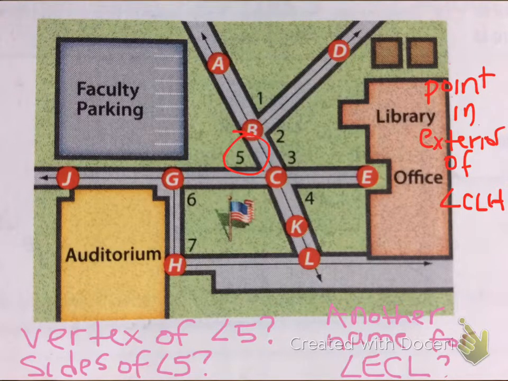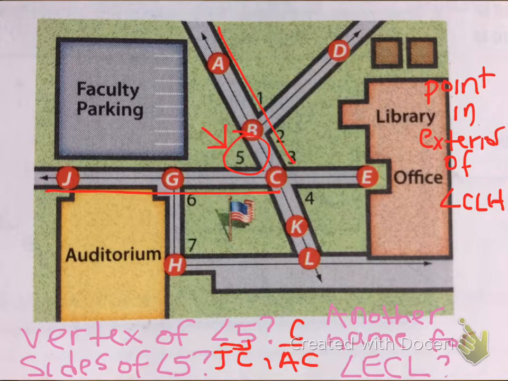So angle 5, the vertex of that would have to be C. So point C. The sides of angle 5, if we're again focusing on 5, you have the side JC, GC there, and A, B, C. So if I'm going to list the sides, I could say JC or GC. Label it as a ray, and then the other side would be BC or AC, and again label it as a ray.